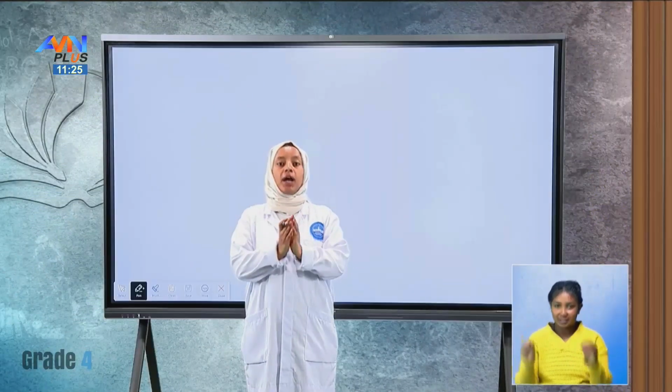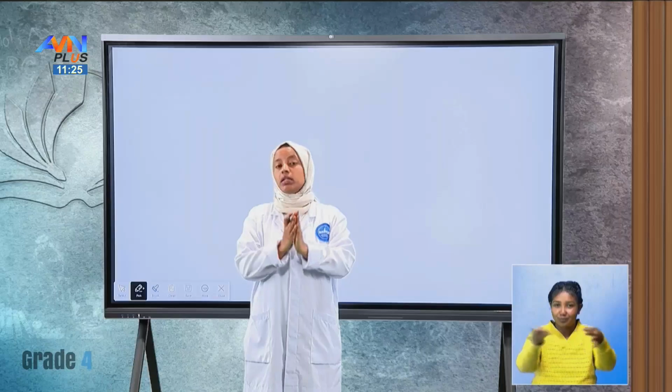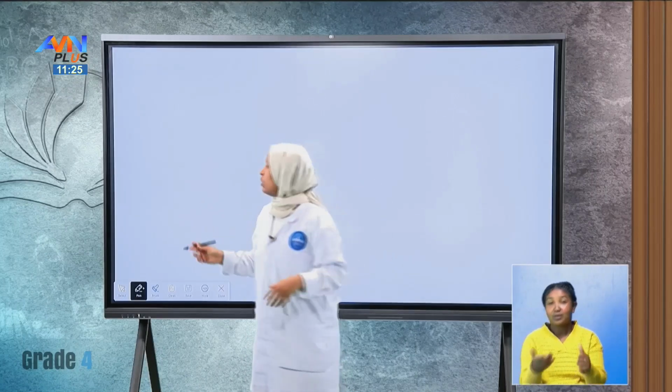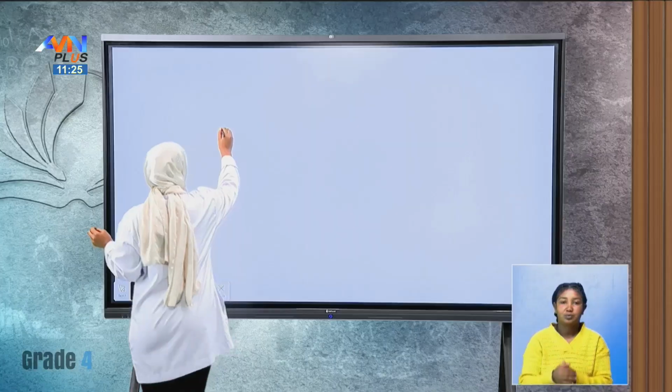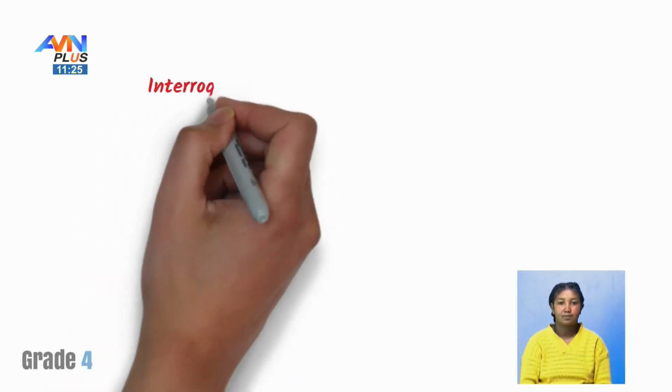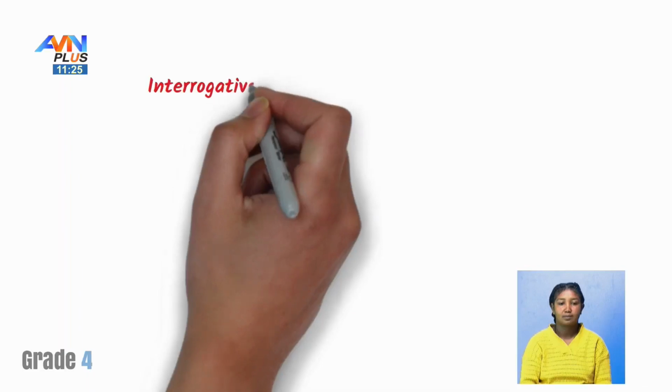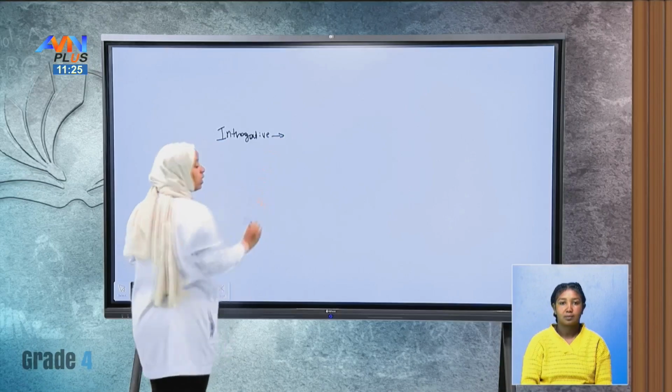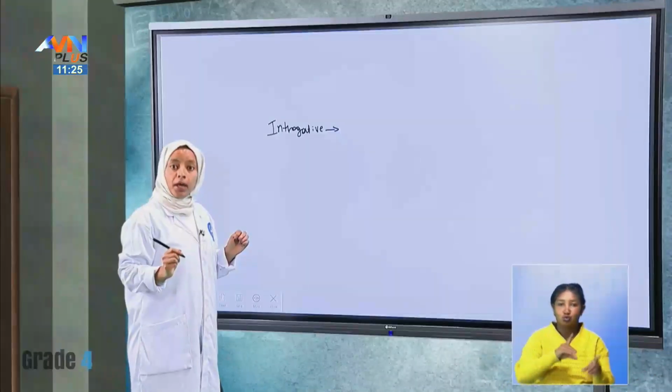Students, we can use simple present tense also to construct your own sentence. So let us see how can we use simple present tense sentences as a question and as a negative form. So the first thing, to make it interrogative, by using do and does.